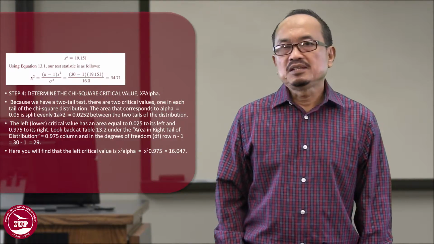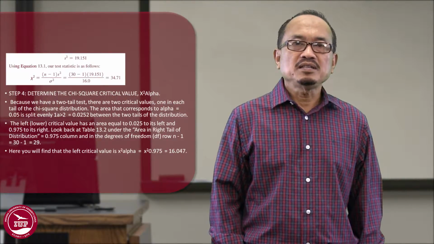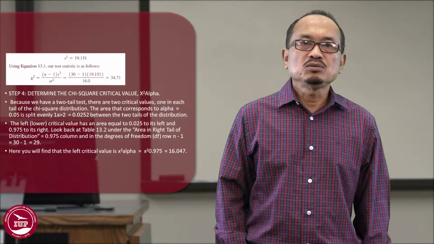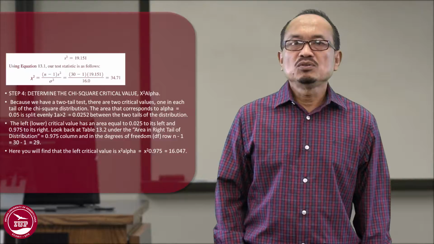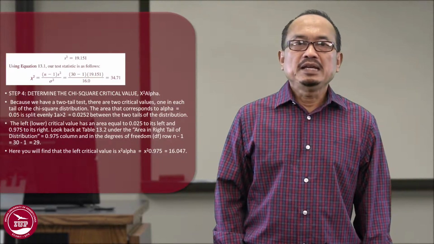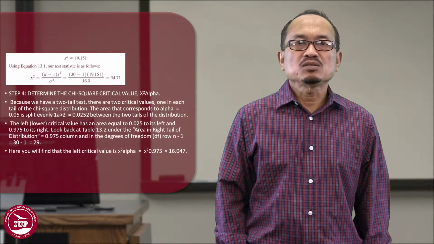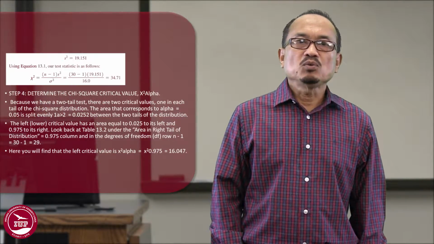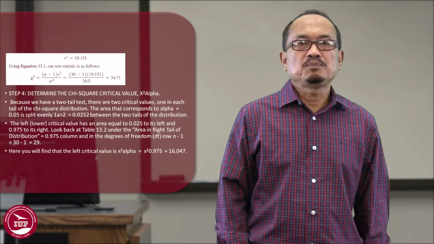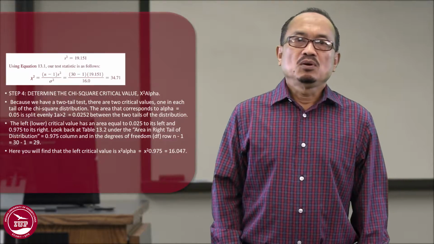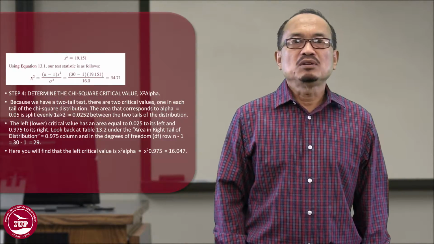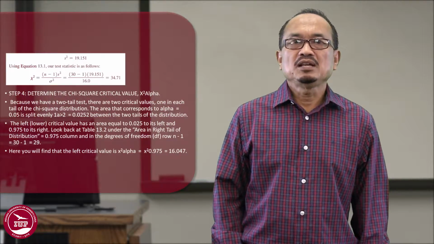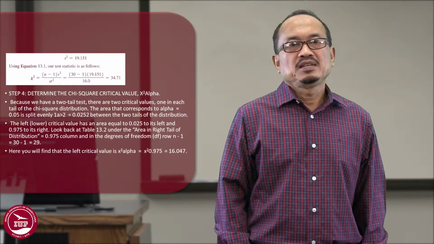Step 4. Determine the chi-square critical value, X squared alpha. Because we have a two-tailed test, there are two critical values, one in each tail of the chi-square distribution. The area that corresponds to alpha 0.05 is split evenly, so alpha divided by 2 equals 0.025 between the two tails of the distribution.